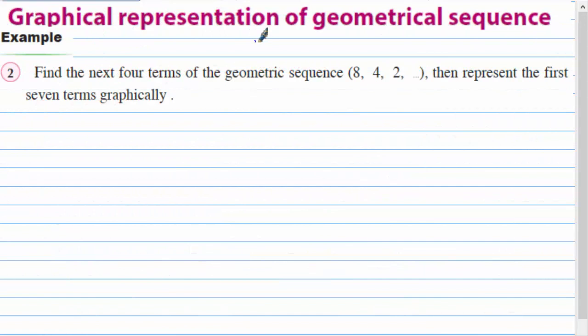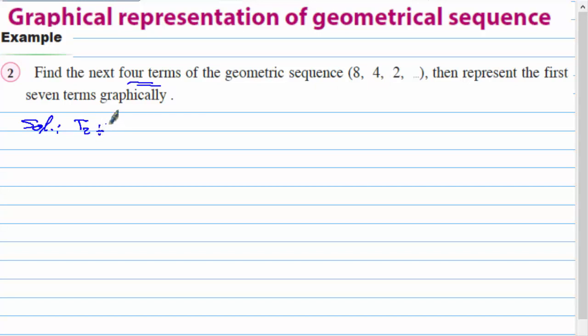Graphical representation of a geometric sequence. Example 2. Find the next 4 terms of the geometric sequence 8, 4, 2, and so on. Then represent the first 7 terms graphically. First, in the solution, we will deduce the common ratio by dividing T2 over T1.